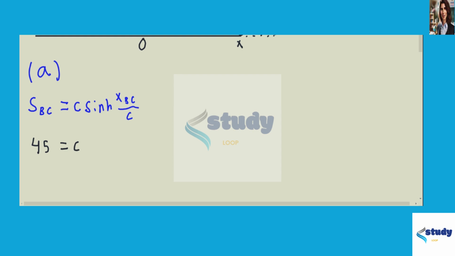C is our unknown. And we know what x of BC is. So we can take this equation and solve for the unknown value of C. So we'll get that C is equal to 18.495 meters.